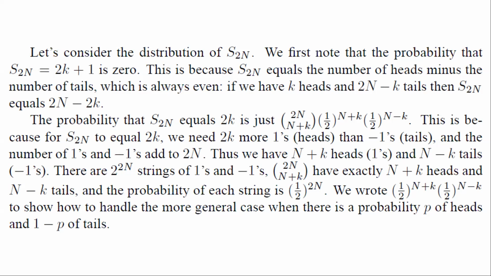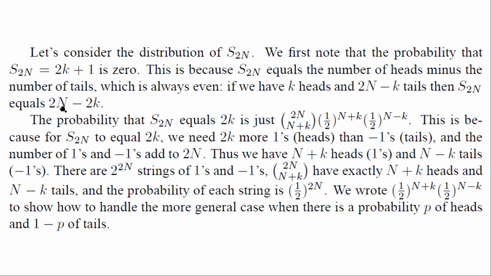Then S2n is going to be, there's a typo here. This should be n plus k heads and n minus k tails. Sorry about that. So we have n plus k heads, n minus k tails. Sorry, well, all right. This is correct, but that's not what I use on the next line.